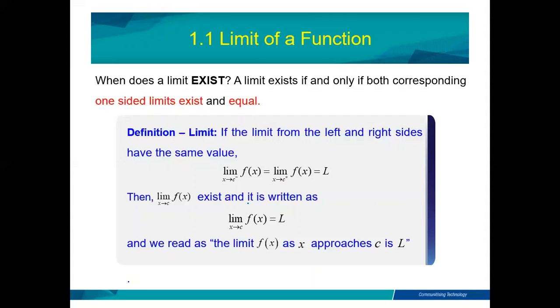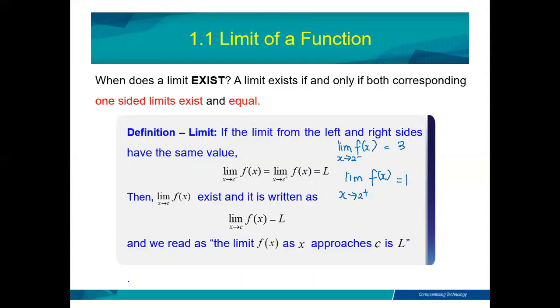For example, the limit of f(x) when x approaches 2 from the left is equal to 3. And we also have the limit of f(x) when x approaches 2 from the right is equal to 1.